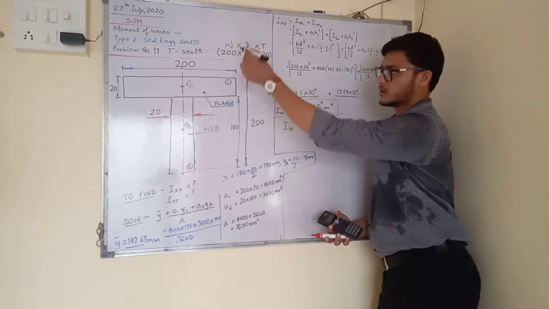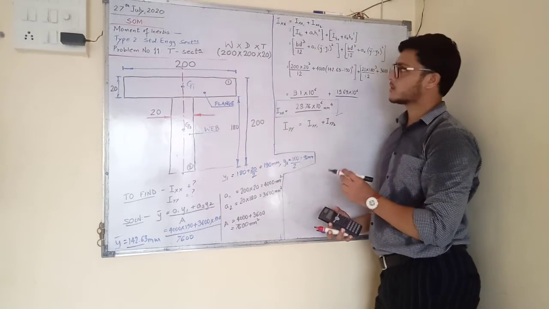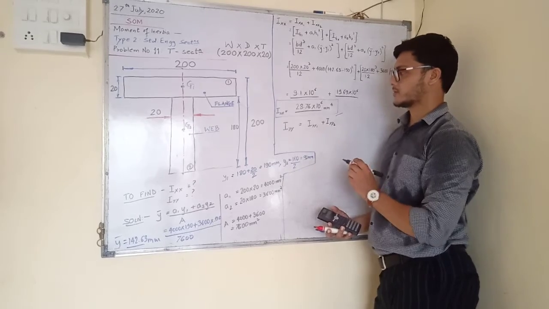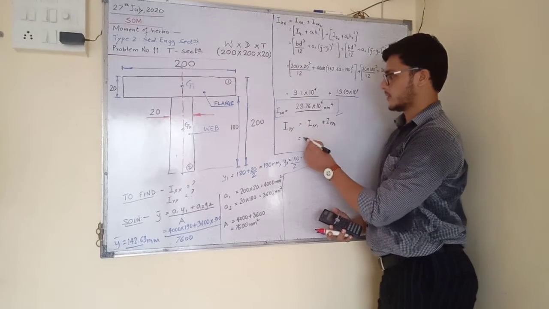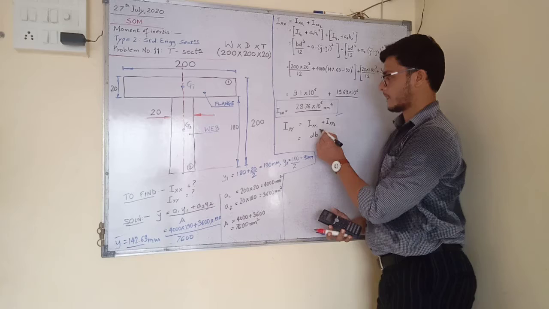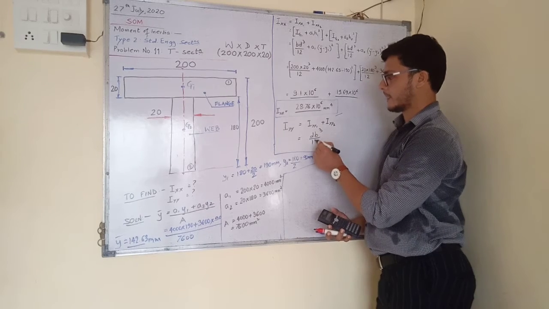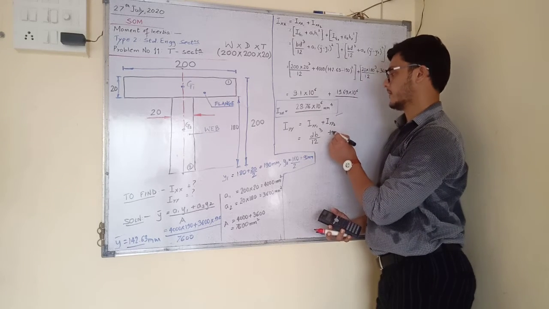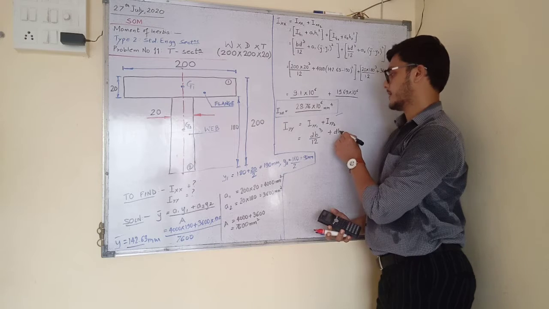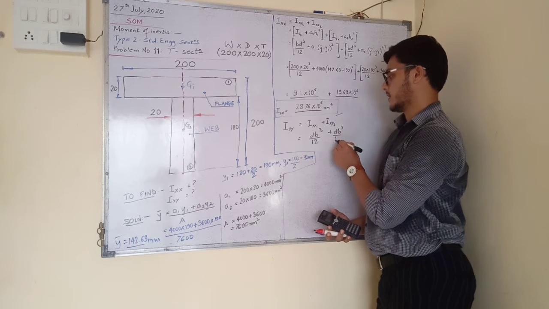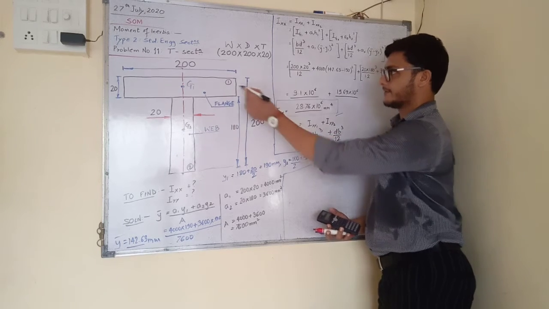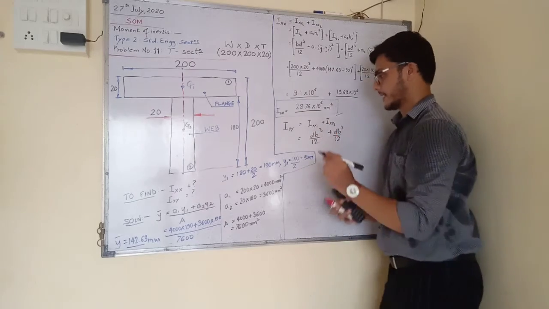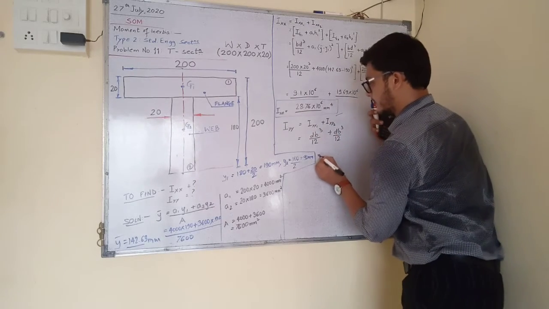H will be 0 because it is symmetrical about the vertical axis. So x bar minus x1, x bar minus x2 will be 0. So directly we will put db cube by 12. Moment of inertia of a rectangle about the y axis is db cube by 12, and again db cube by 12. This is for the first rectangle, this is for the second rectangle. So I am substituting the values.